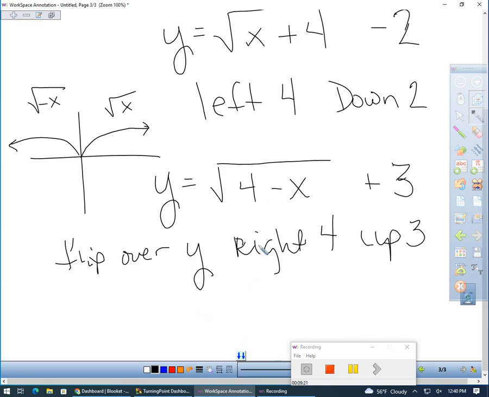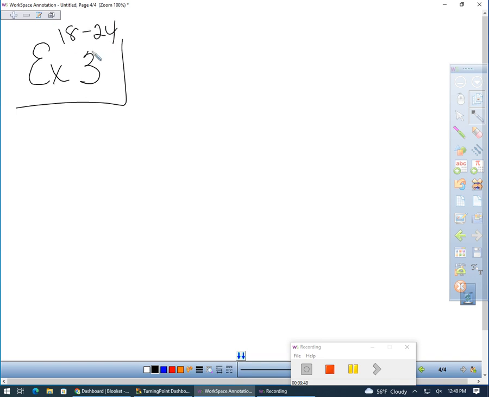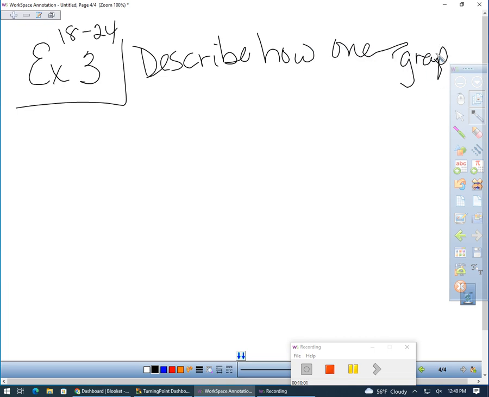Okay, so let's try this. Example number 3. We're all the way up to 18 through 24. It says, describe how one graph is transformed to get the other.